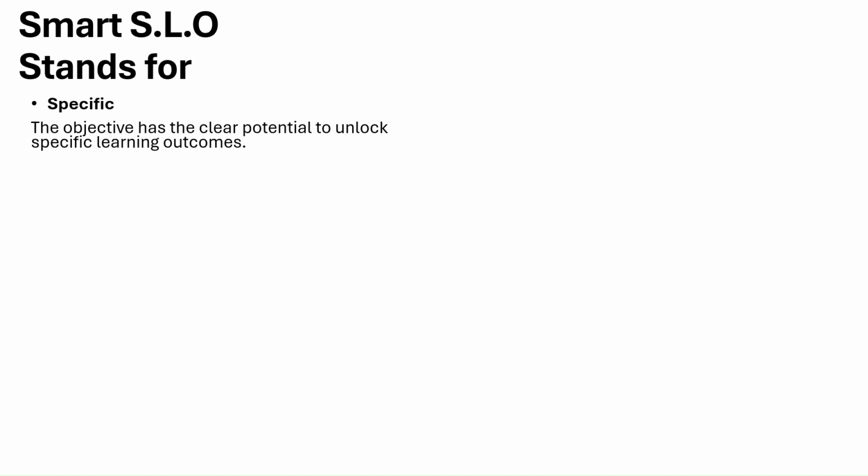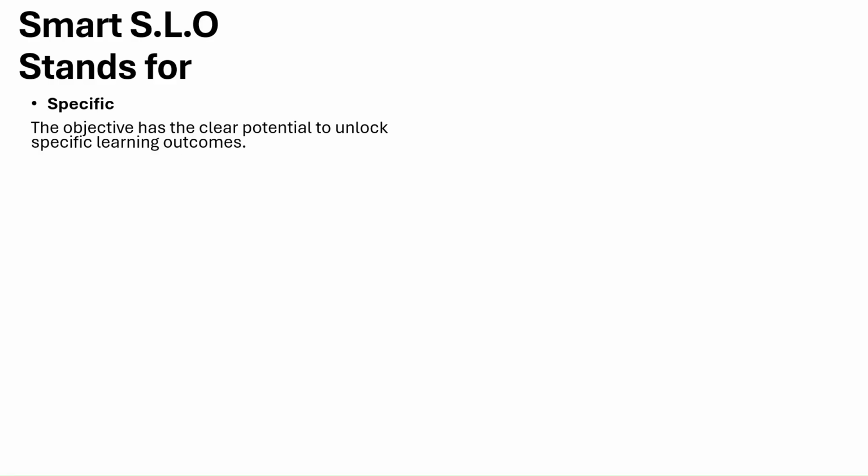Going ahead, let us learn what is in a SMART SLO. As I said on the earlier slide, an SLO is SMART. An SLO has a specific outcome in its lines. It states the objective of a learning outcome and gives you the specific outcome which you require.